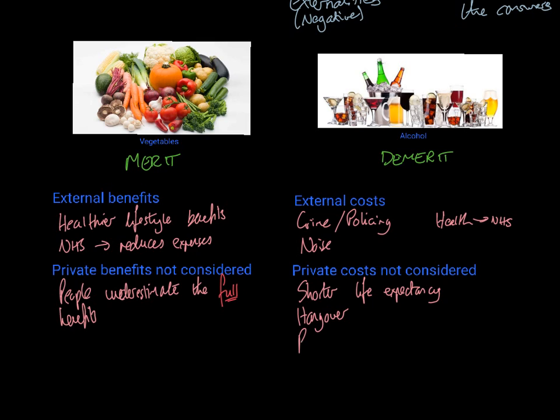But again, it's essentially the same sort of problem, which is that people underestimate, but obviously in this case, the problem is that they underestimate the full costs of their consumption. So in whatever way that happens, they will underestimate these things.